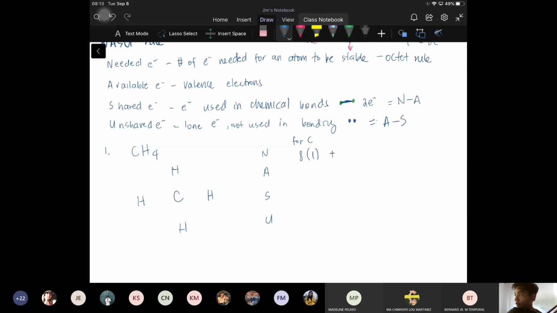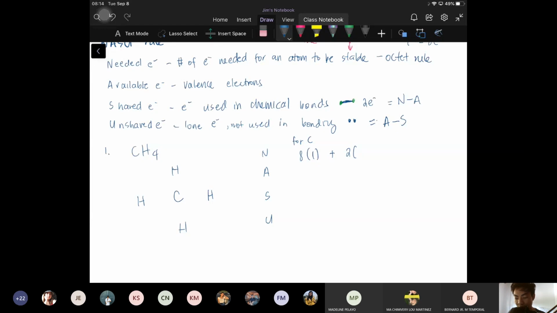Next one, hydrogen. Ilan yung needed ni hydrogen to completely fill its orbital? Dalawa lang. Because again, hydrogen only contains s orbital. And s orbitals can only occupy 2 electrons. So 2 lang yung needed niya.